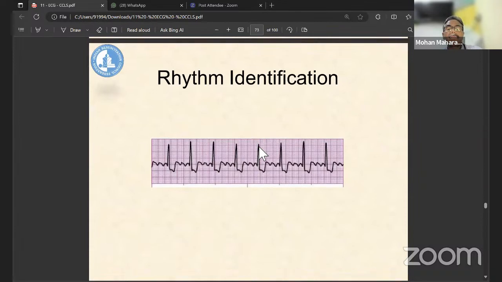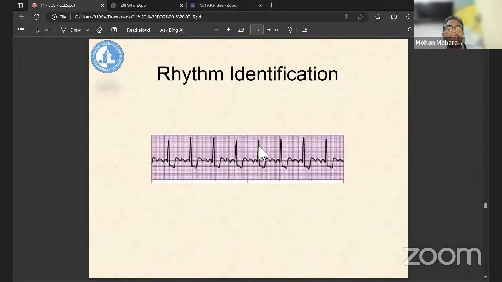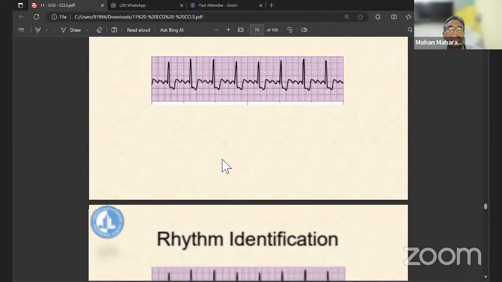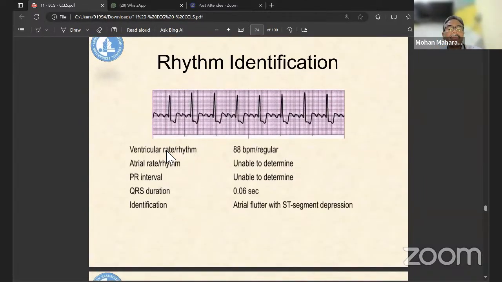What is this? Again, please understand those 5 things: rate, rhythm, P, QRS, PR interval. That's all you have to see, the same pattern for everything. The ventricular rate 88, atrial rate unable to determine, PR interval unable to determine, QRS 0.06.